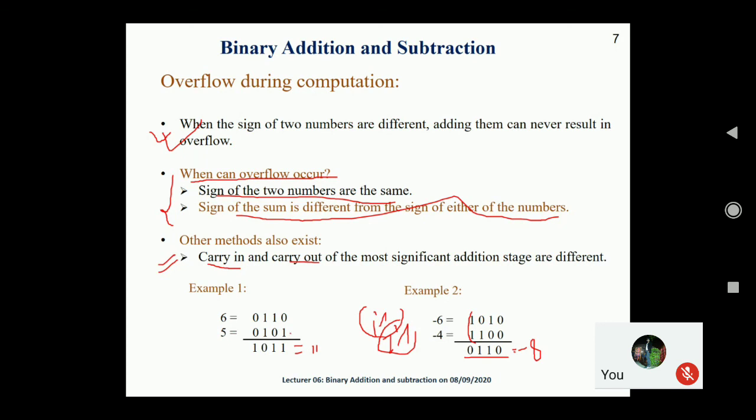Now see here, when we are using the ones and twos complement, always remember, plus 0. What is the range? Plus 0 to plus 7.